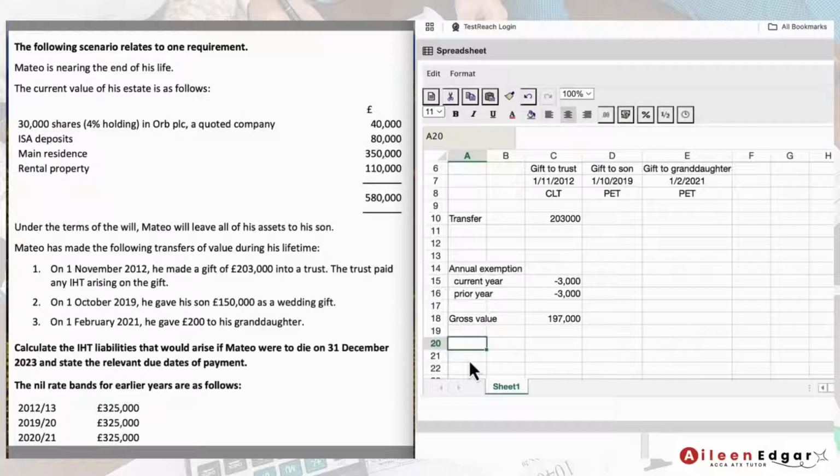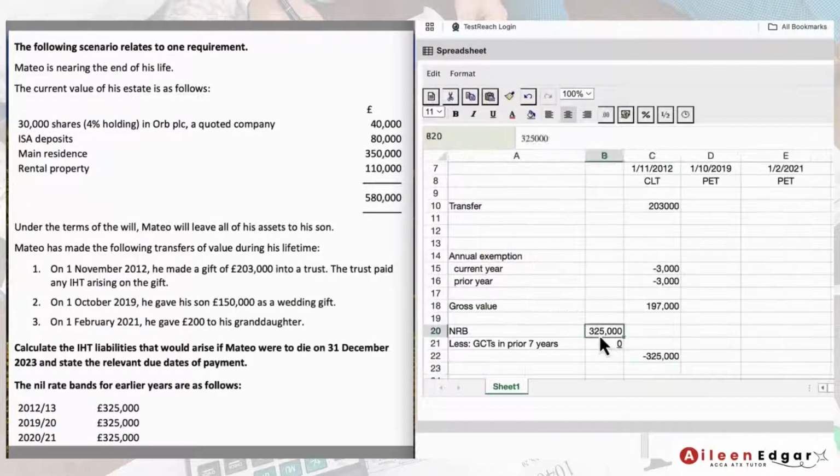Yes, so this is the stage where we start thinking about our nil rate band. And at the date of the gift, we were given that information in the question. It was the £325,000 amount. From that 325, we are going to deduct any gross chargeable transfers in the previous 7 years. Now that's 7 actual years.